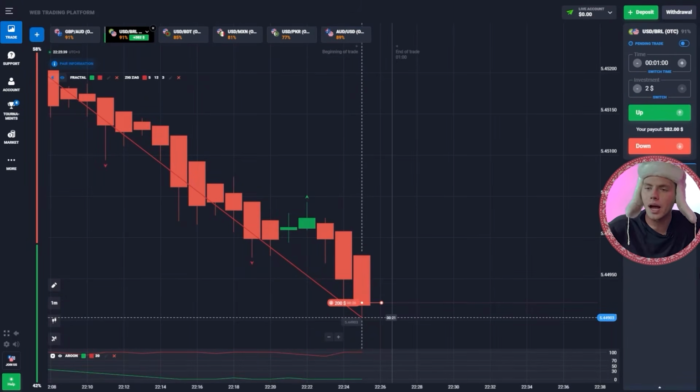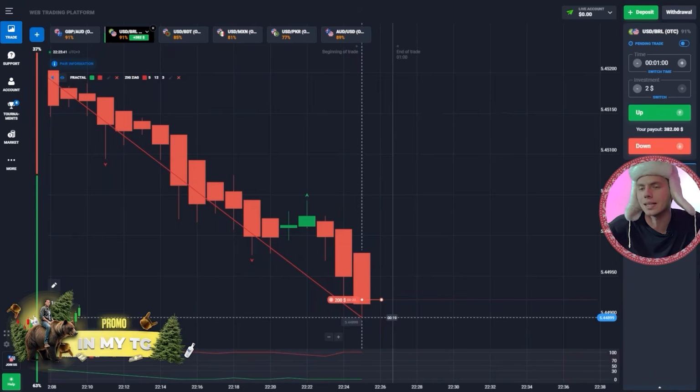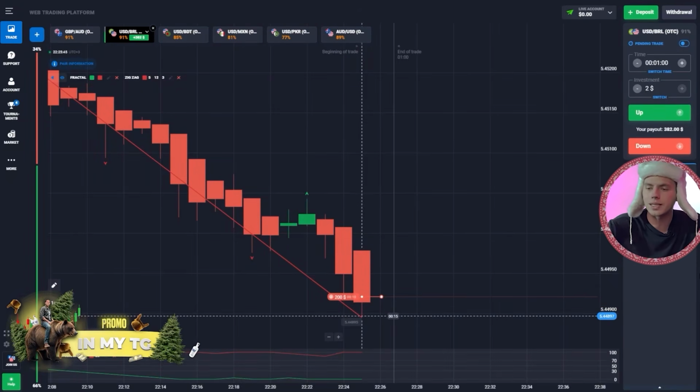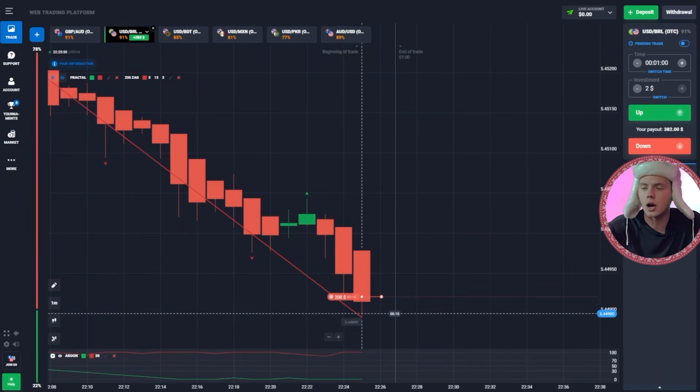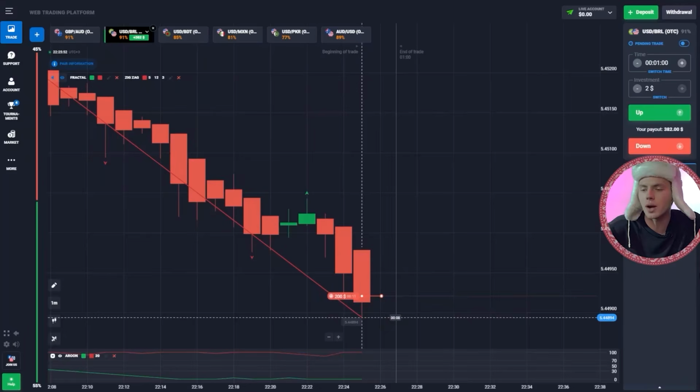What else can I say here? If you take a look at fractal as well, you will see that we're still going down, and zigzag is also telling us, this line telling us about the downgoing trend.